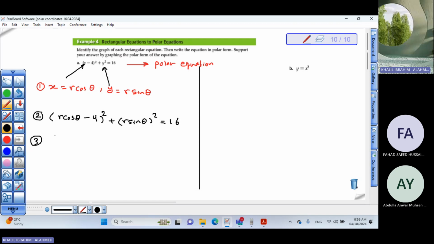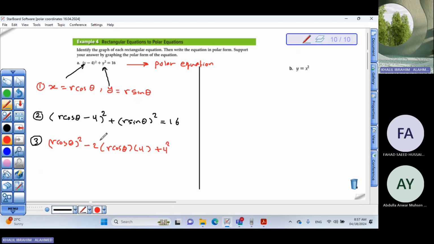Step 3. Now we just expand this bracket. This is bracket squared. How to expand this bracket? This is equal to r cosine theta squared minus 2 times r cosine theta times 4 plus 4 squared.